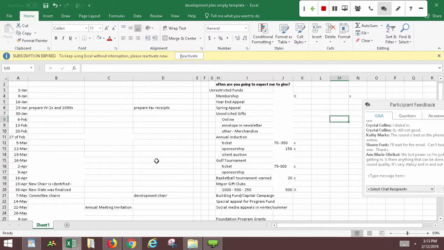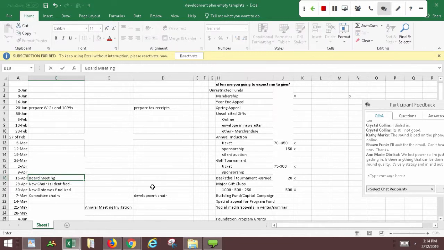So similarly, one more thing before we get done with this column is the budget. So essentially, backing up here, April of this year was a board meeting. February of this year was a board meeting.